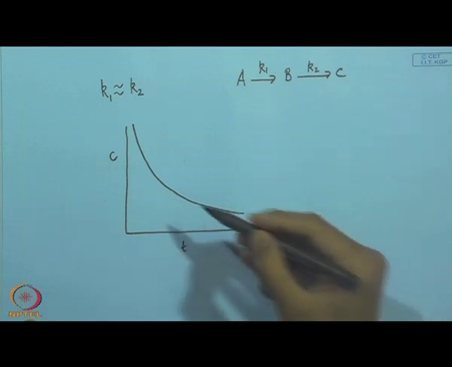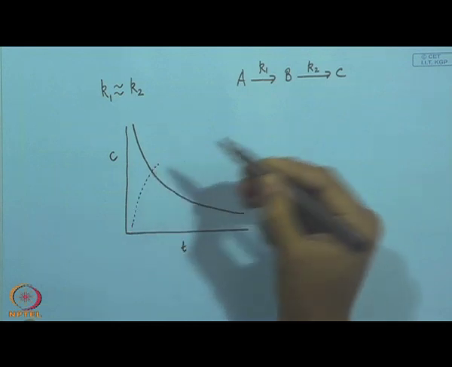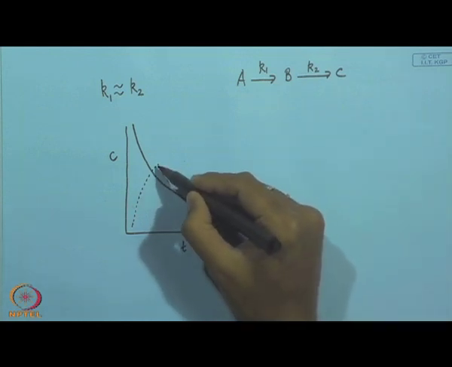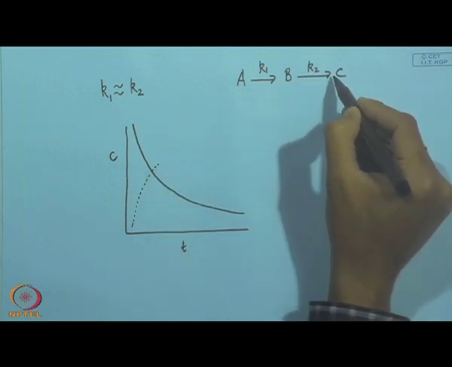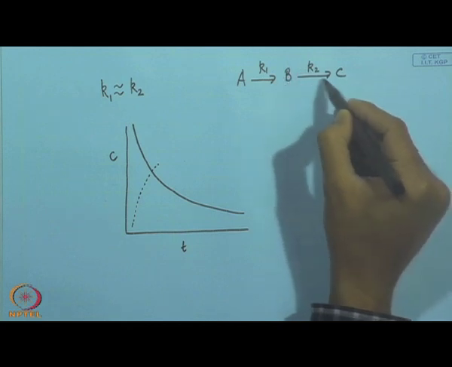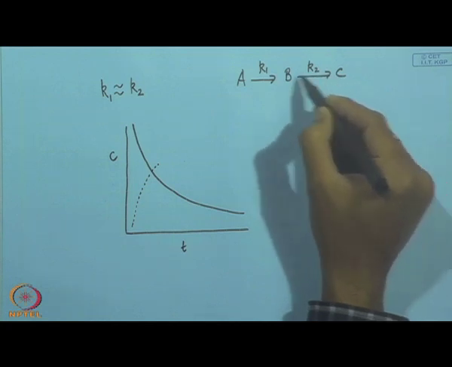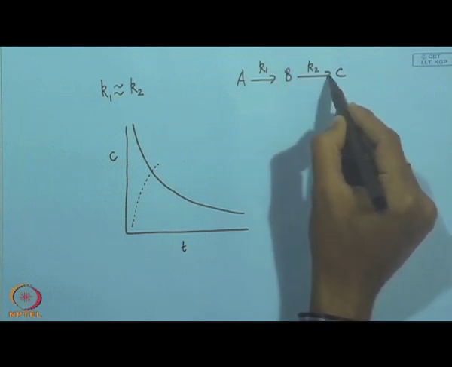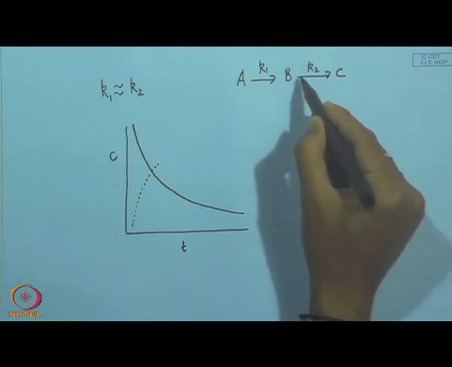And your B will grow, but the problem is that after it has grown to a certain extent, to such a concentration, then this reaction becomes appreciable. When this concentration is low, it will still be doing this reaction, but if the concentration is not appreciable, we will not be able to feel the effect of this step.